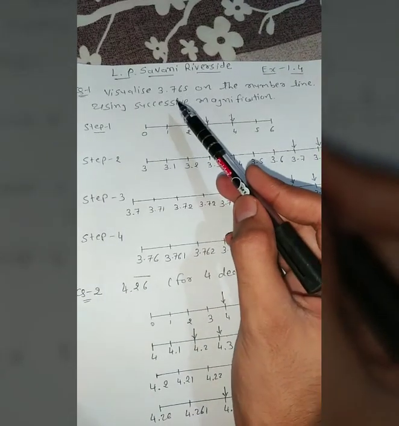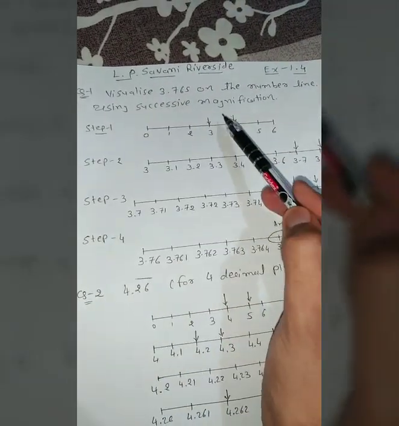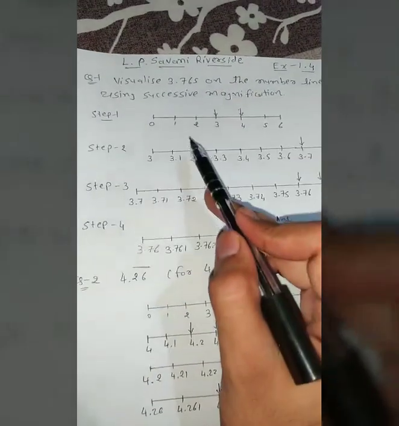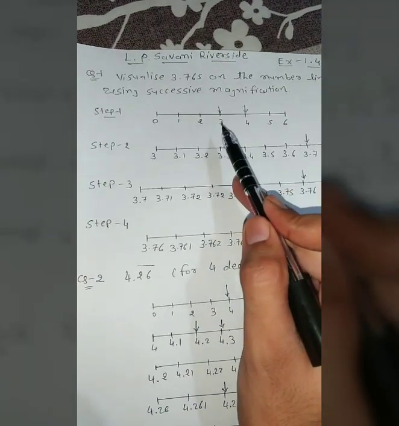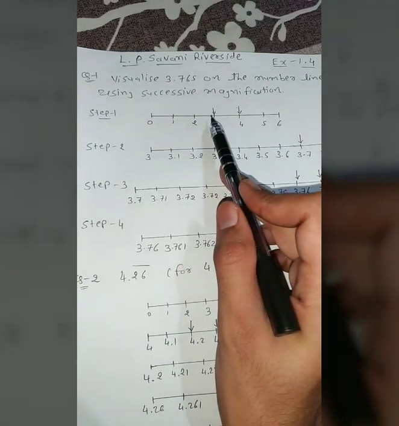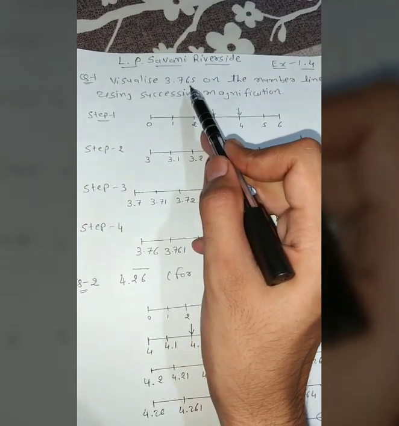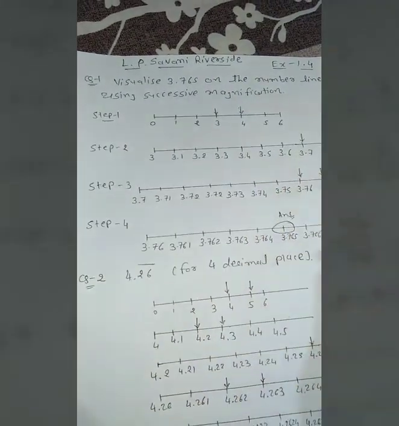This is our first step. So mark 3 and 4 with arrows on the number line.